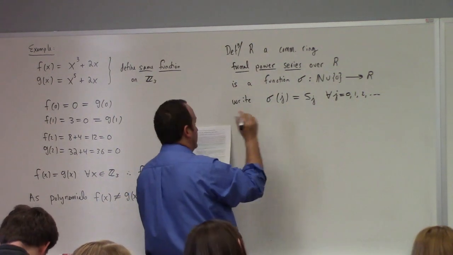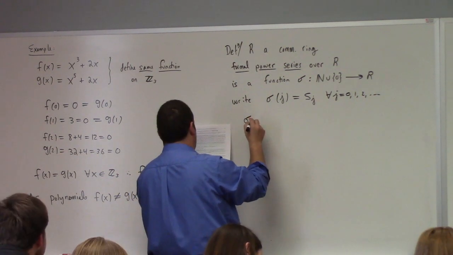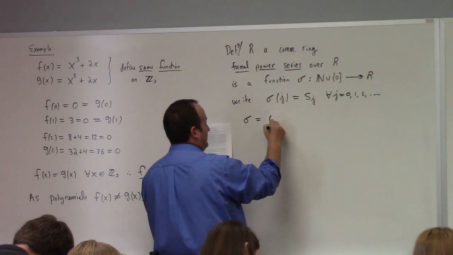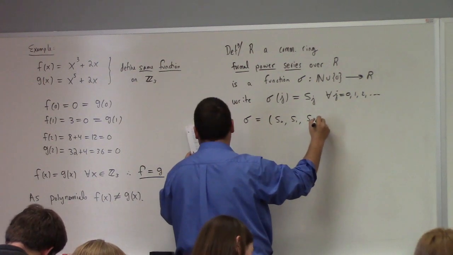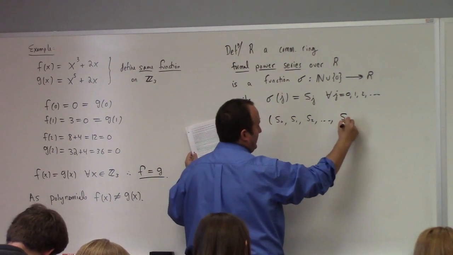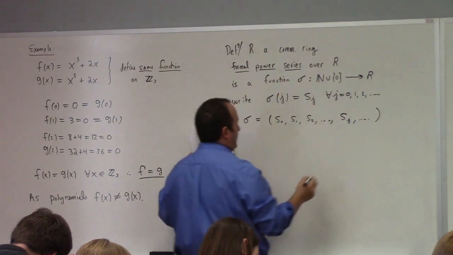And we use sequential notation. So instead of writing, we'll often write sigma as a sequence, right? S0, S1, S2, and so forth. The jth one's out there somewhere, and it goes on and on.